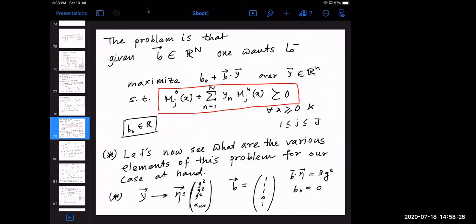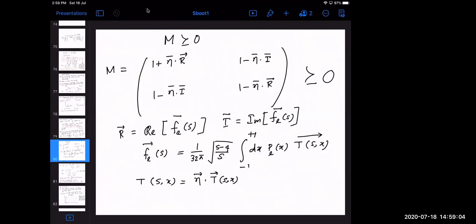We can cast the same problem into this polynomial matrix problem by making this identification. So Y is basically the eta vector for us. For the problem at hand, because we want to maximize this G square, we have chosen beta equal to 1, 1, 1, 0, and all other entries are 0. And the matrix MJs are constructed out of this capital M matrix that we introduced, like the one that I've written in slide number 80, because unitarity was expressed as semi-definiteness of this matrix.